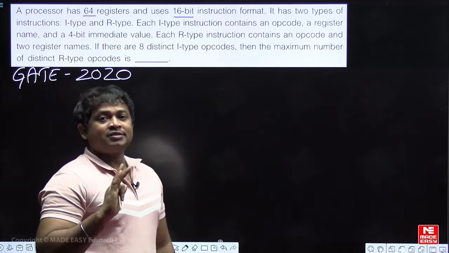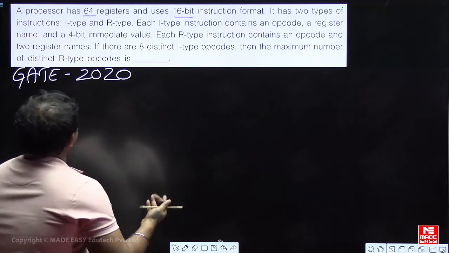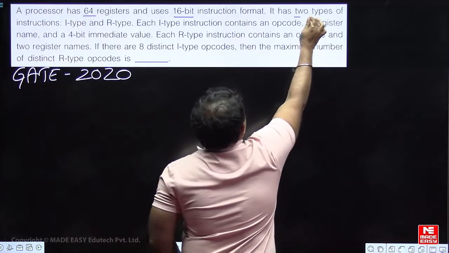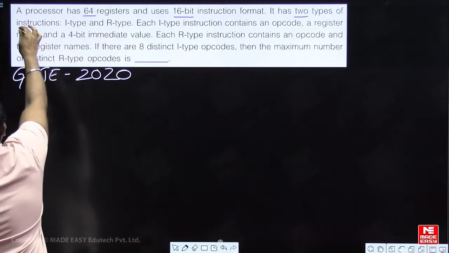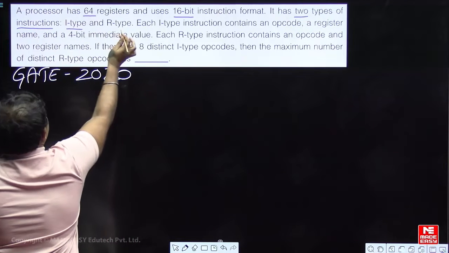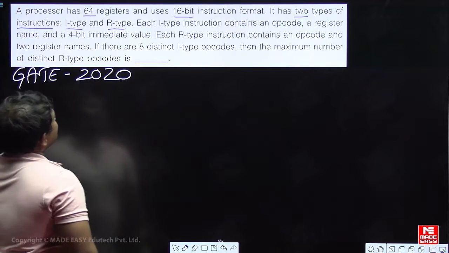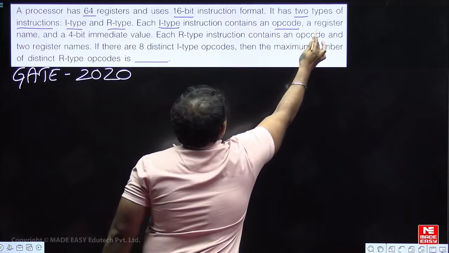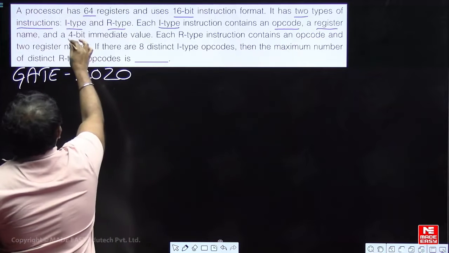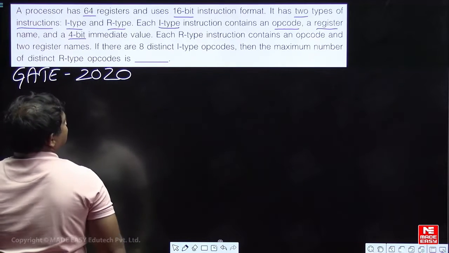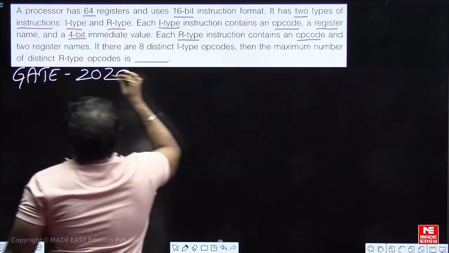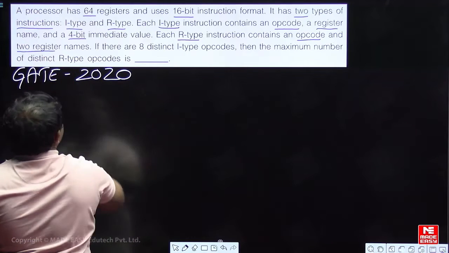It has two types of instructions, denoted as I-type and R-type. Each I-type instruction contains an opcode, a register address and a 4-bit immediate field. And each R-type instruction contains an opcode and 2 register addresses.